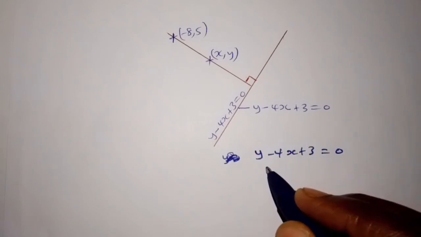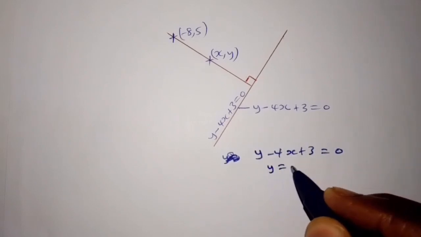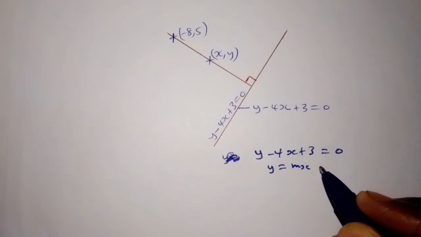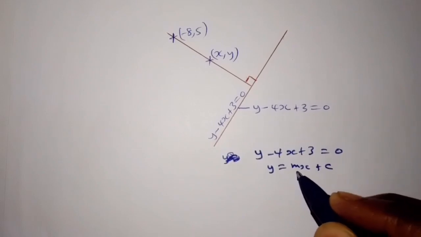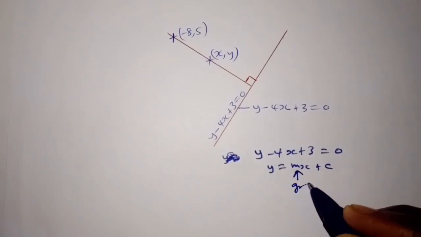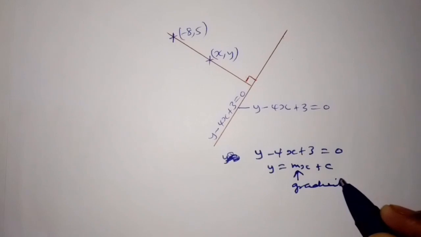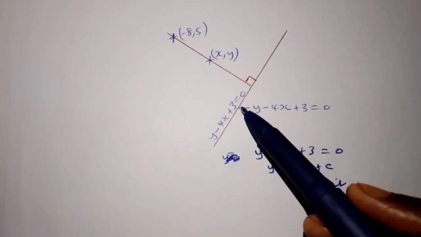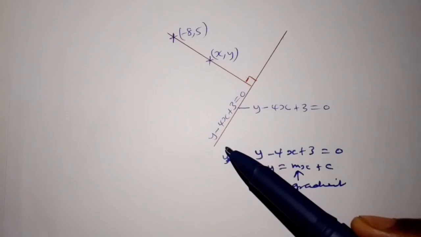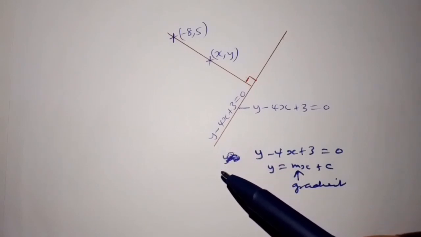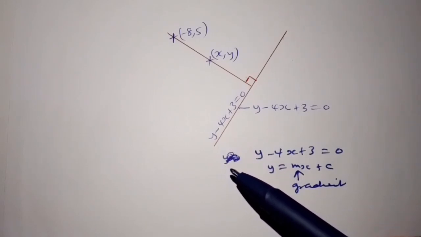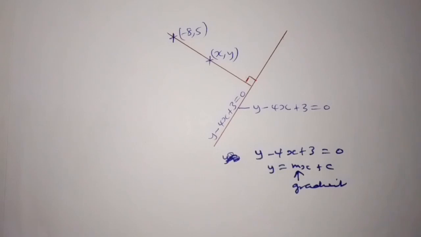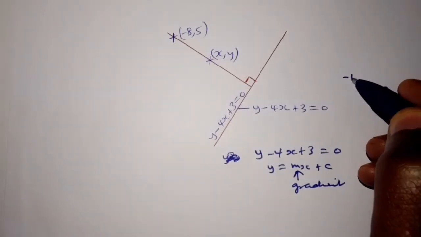We can simplify this equation and write it in the form y is equal to mx plus c, where m is the gradient. So we can find the gradient of this line, and the product of gradients of perpendicular lines is always -1.